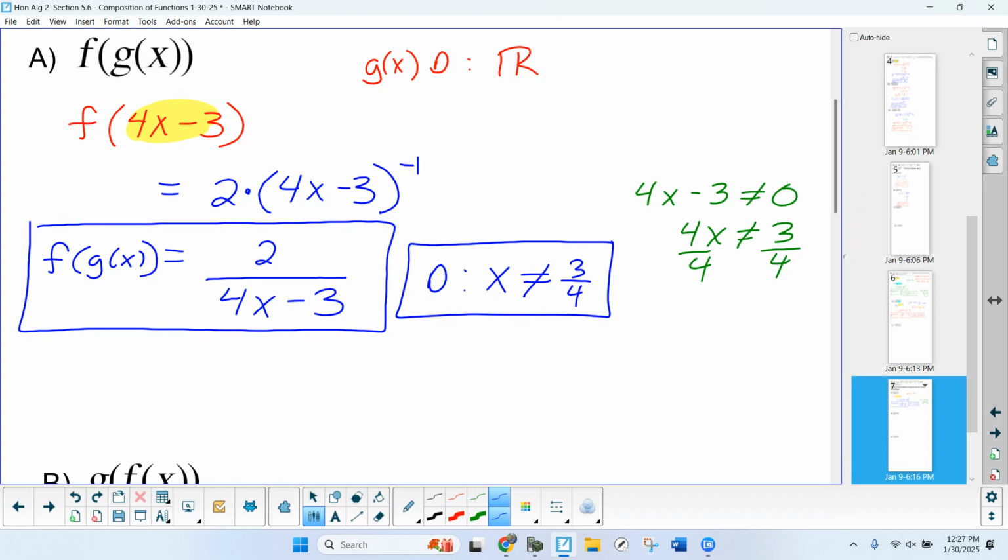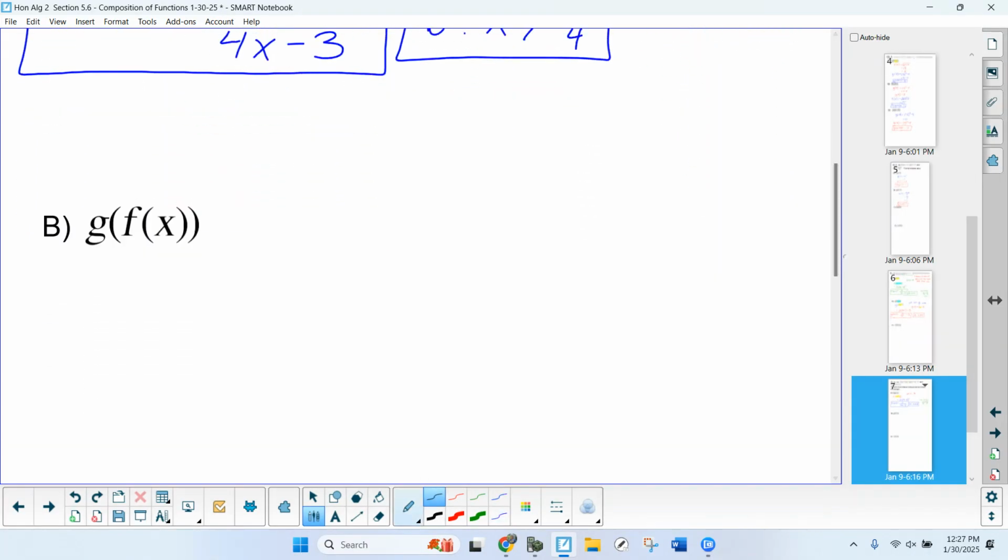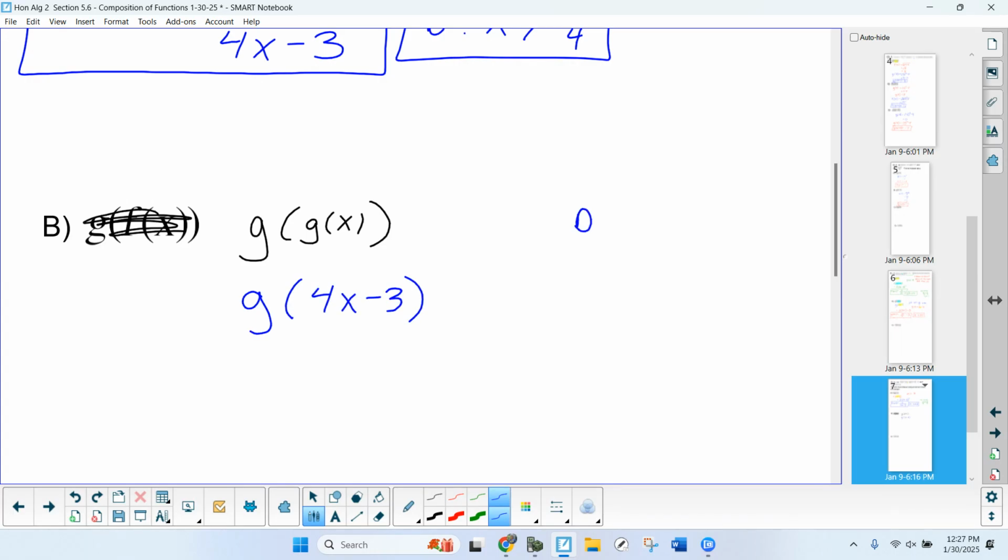Instead of B, I'm going to change B. Is everybody okay with A? Okay, I want to change B to g of g of x. Okay, what's g of x? So we have g of, and then g of x was 4x minus 3. So remember, you got to do your input. What's the domain of your input? It's linear. It's all real numbers.